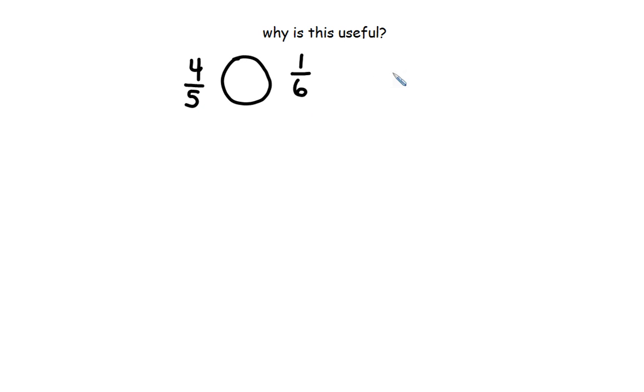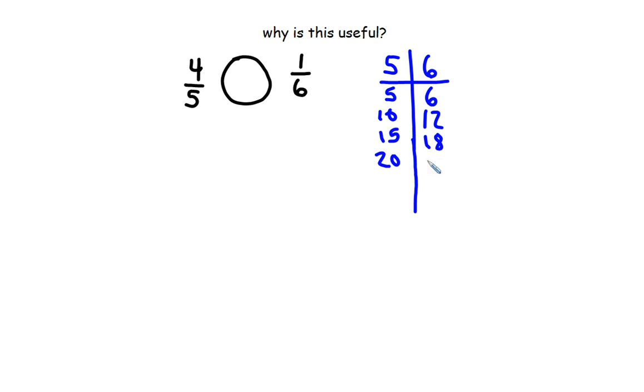So 5 and 6, I'm going to have a race between them. So create your T-chart, and I'll start with the 5. So 5, 10, 15. You should know by now how to find the multiples. 20. I'm just going to list the first couple of each number. 6 is the first multiple of 6. Then we have 12, 18, 24, 30, 36.